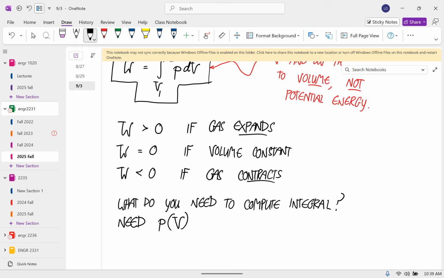And it's even easier in the somewhat common case that the pressure stays constant.